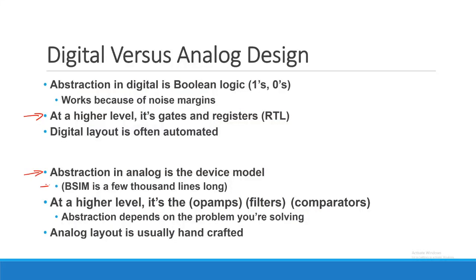Well, by the way, the model is several thousand lines of code, okay? So this doesn't sound like very good news from the standpoint of doing design, right? Because I don't know about you, but I can't think several thousand lines of code in my head. I can't use that as a very simple abstraction. So that's really one of the reasons why analog is so much harder to do from a design standpoint. And to phrase this another way, if I want to build analog stuff, obviously I'm going to have to do better than BSIM.